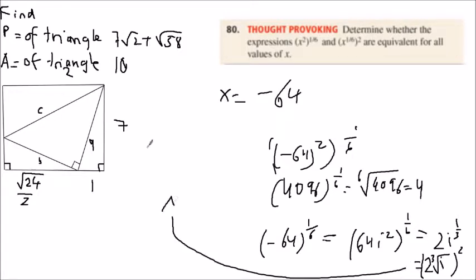You'll get 4i to the 2/3, which is not equal to 4. Therefore, these two expressions are not equal to each other.